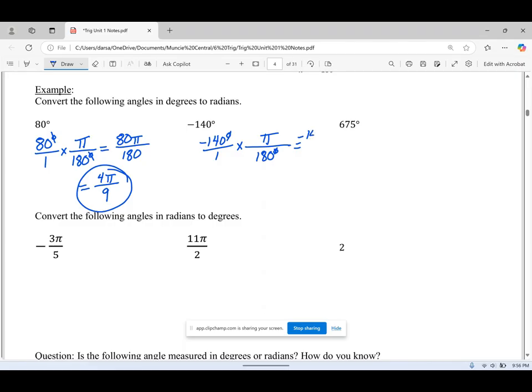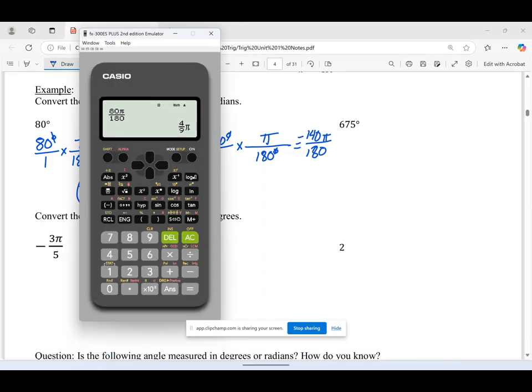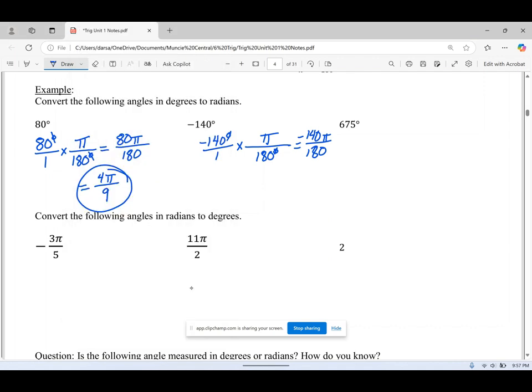That's negative 140 pi over 180. We put that into our calculator. Negative 140. You don't even need the negative. Just remember that it's negative. 140 pi over 180, and that gives us negative 7 pi over 9.